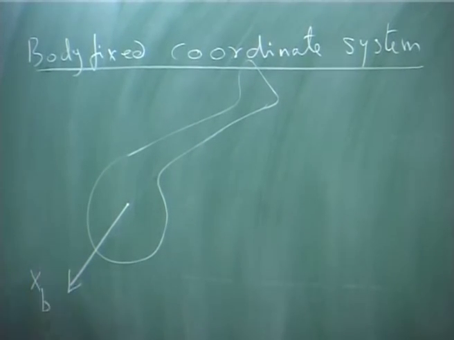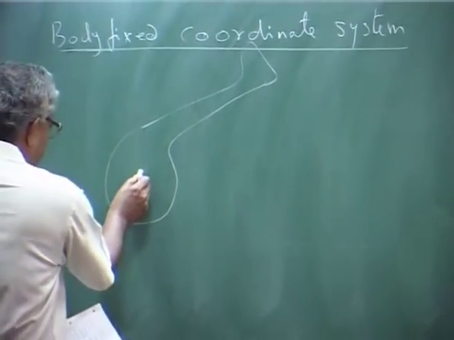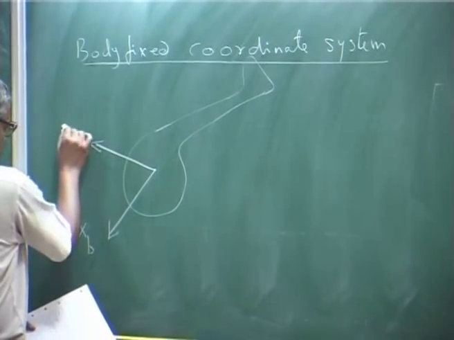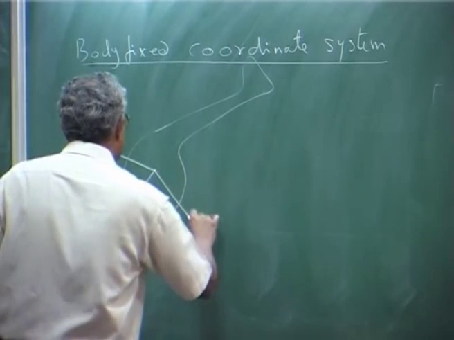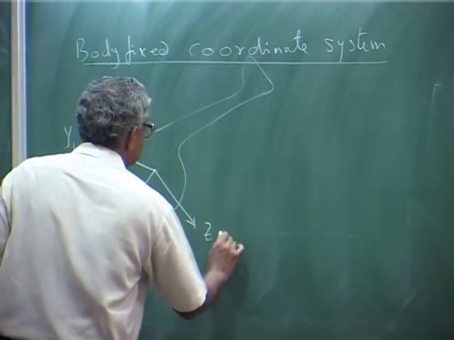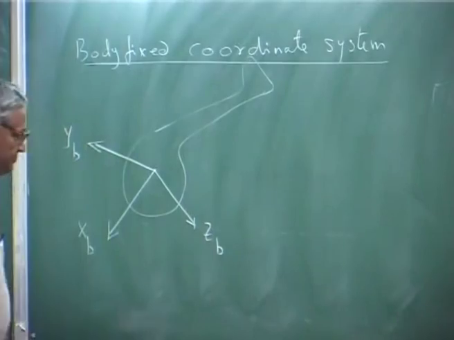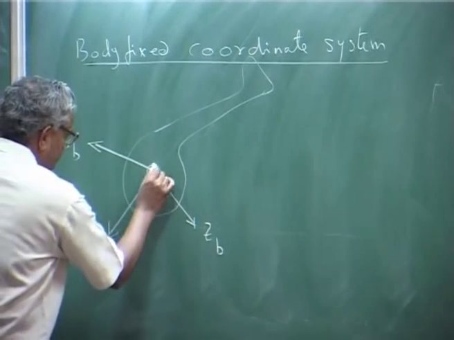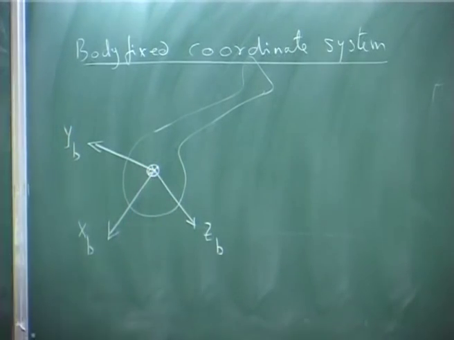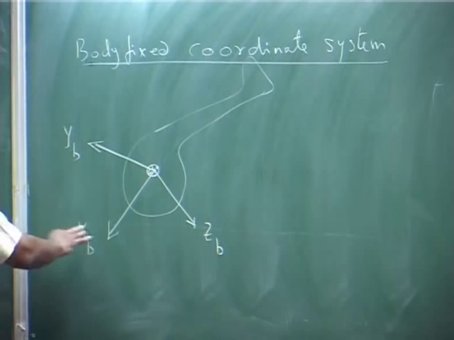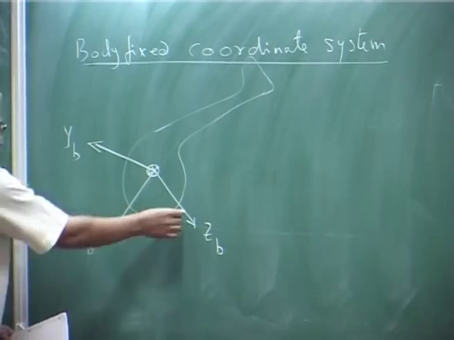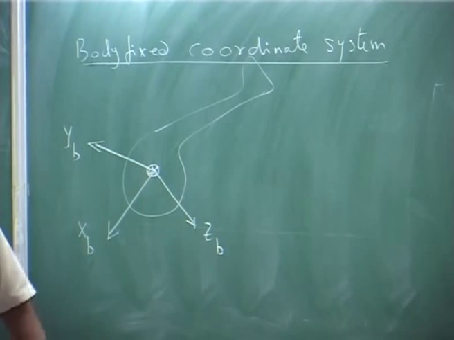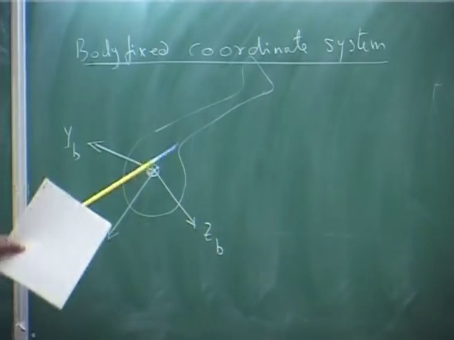This is X body, this is Y body, and this is Z body. This is the center of mass of the helicopter. This is the body fixed coordinate system, which means when the body turns, this axis system also turns, and it is attached to the center of mass.